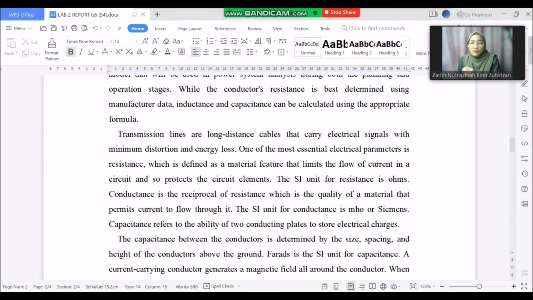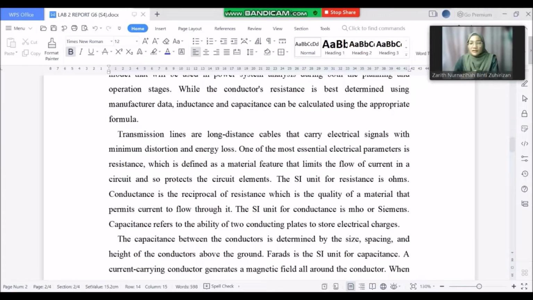The SI unit for conductance is mho or Siemens. Capacitance refers to the ability of two conducting plates to store electrical charges. The capacitance between the conductors is determined by the size, spacing, and height of the conductors above the ground. Farads is the SI unit for capacitance.